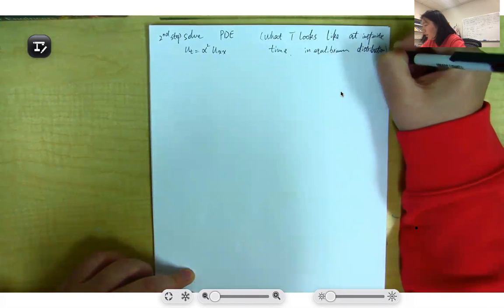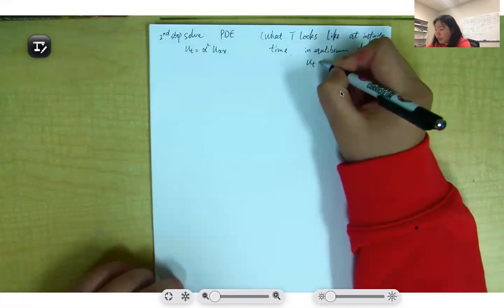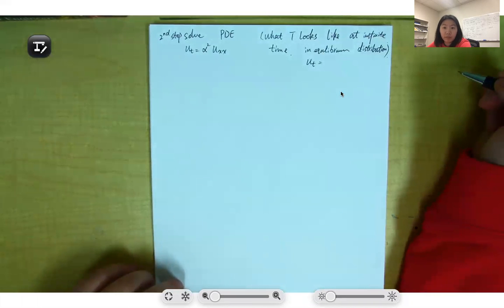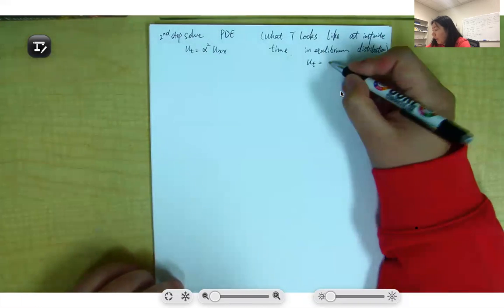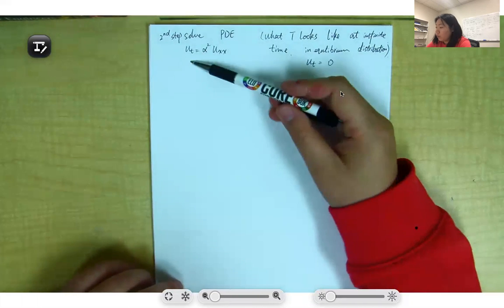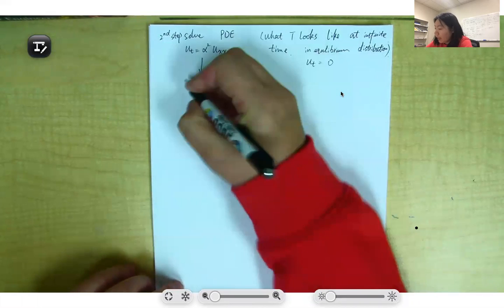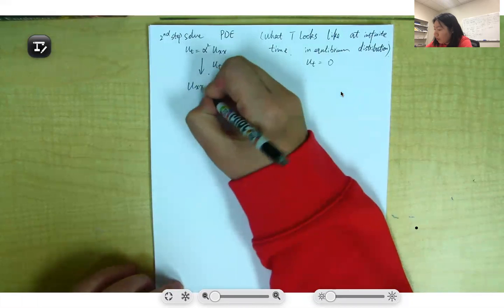What does equilibrium mean, what is at infinite time? That means my Ut, so the temperature, is not a function of time anymore. That means my Ut is equal to 0. So from Ut equals 0, what do we get? We get Uxx equals 0.